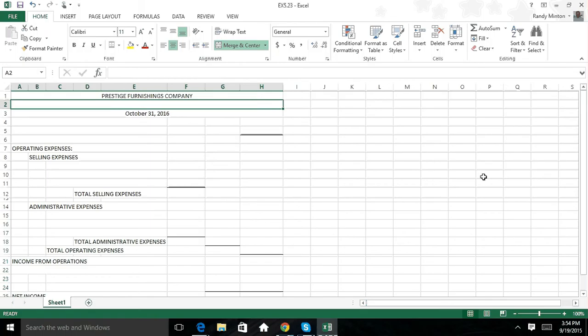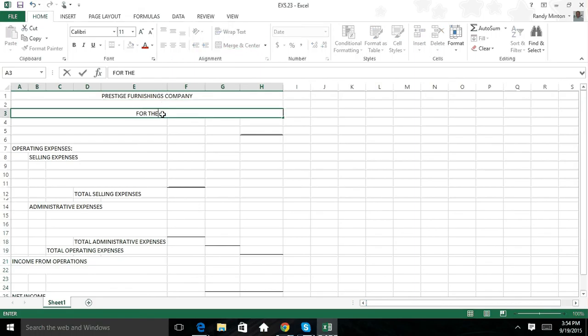In this particular case, it is for the year ended October the 31st of 2016. So we would actually say for the year ended October 31, 2016, and that's the period of time that is covered.